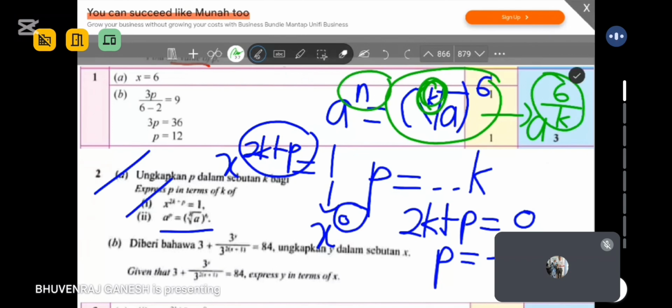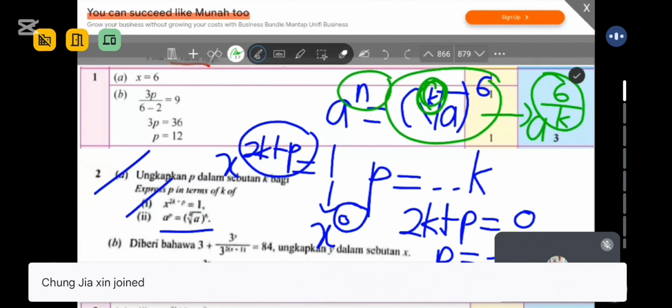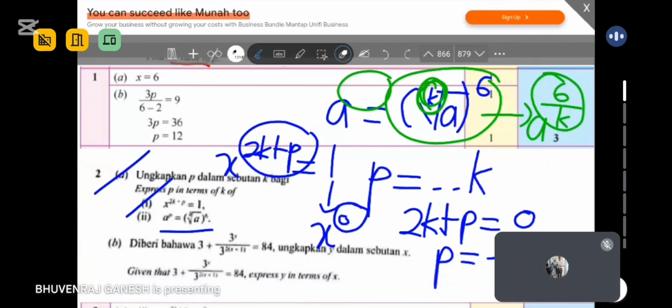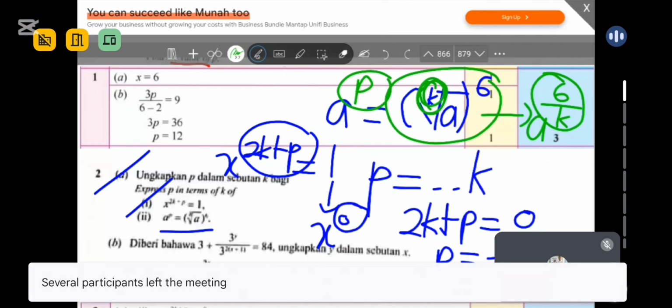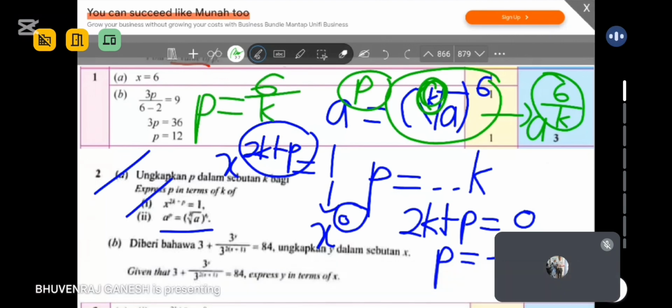Just compare the indices. Okay, and then express. Sorry, guys. This one is P, bukan N. This one is P. Okay, so you will get P equal to 6 over K. Do you all understand? Easy, right? Faham kan? So that is all.